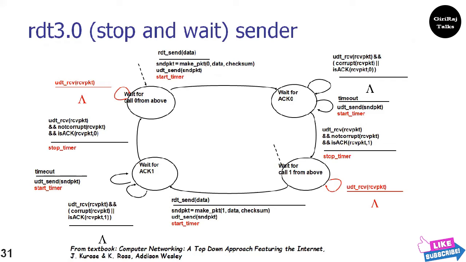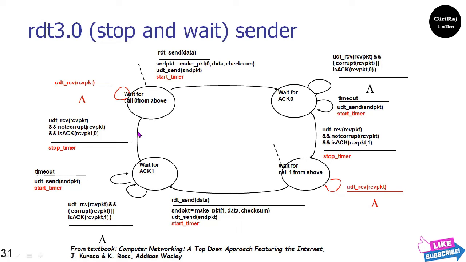You just look at the diagram. Whatever the sender side algorithm is, the diagram shows how it moves from one function to another, how it is sending the acknowledgement and how it is receiving the acknowledgement.